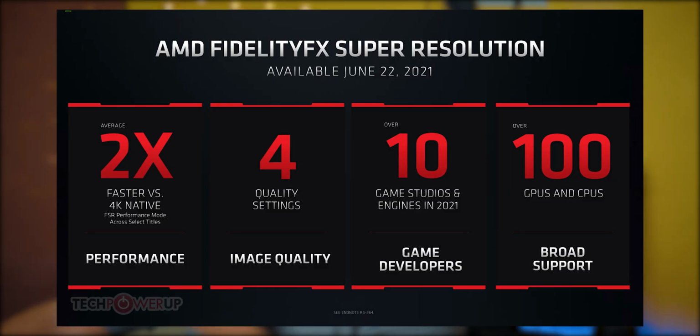And as I said earlier, 100 GPUs and CPUs are gonna support this tech. I know you are questioning yourself, well, I can understand Nvidia GPUs and AMD GPUs, but what are CPUs doing here? Well, AMD is talking about their APUs. Every single CPU that has Radeon graphics will support Fidelity Effects, and that is really neat.